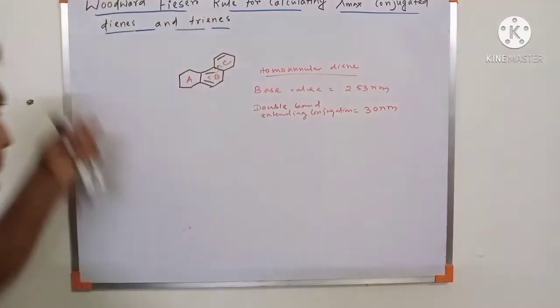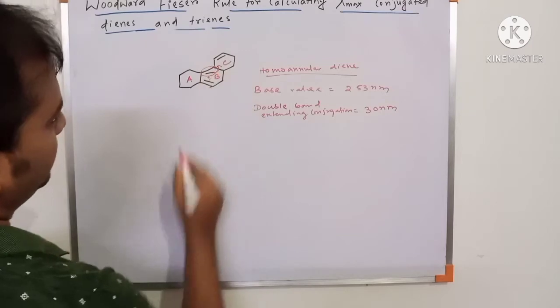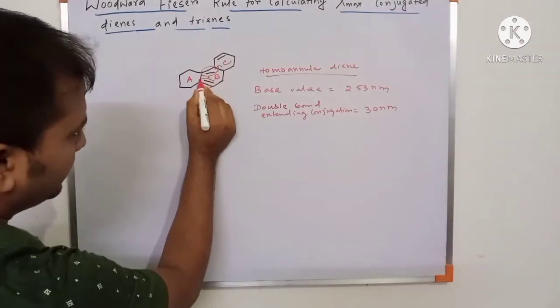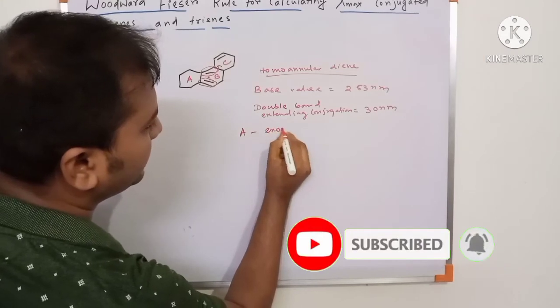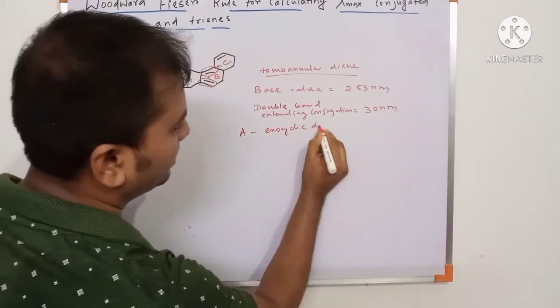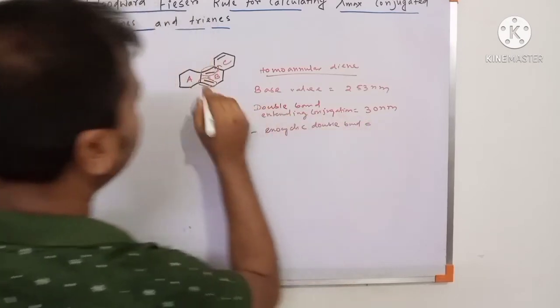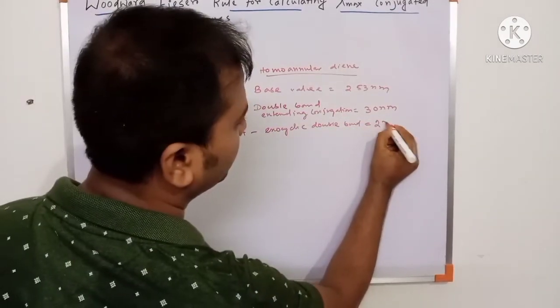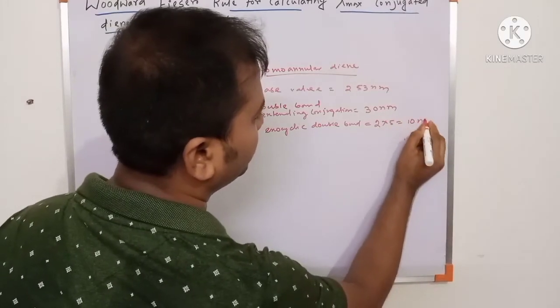And A has 2 exocyclic double bonds. This is an exocyclic double bond, and this is also an exocyclic double bond. So 2 into 5 is 10 nanometer.